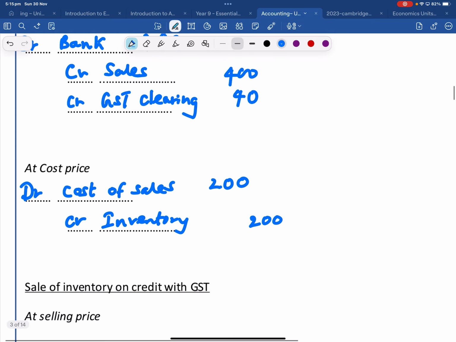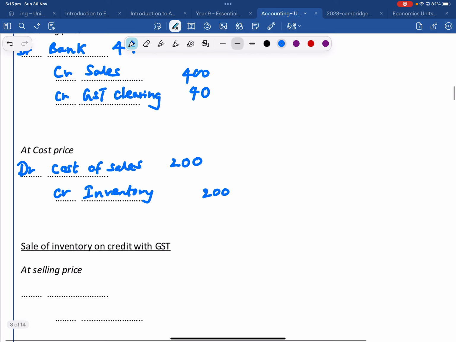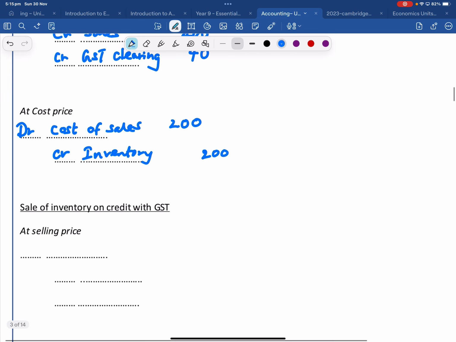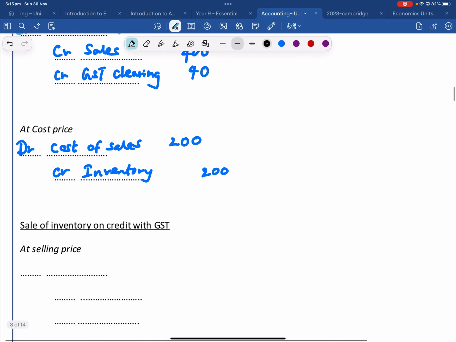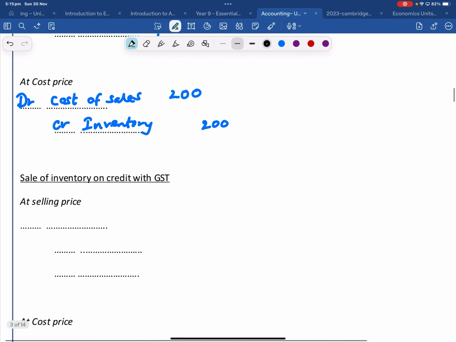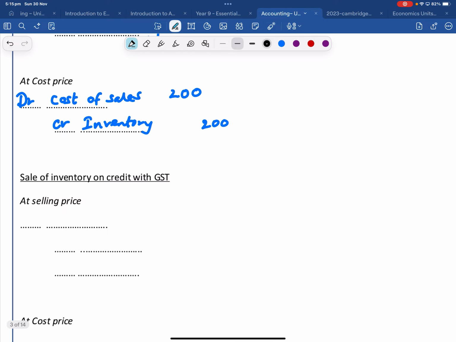Next one. Now, sale of inventory on credit with GST. So what happens, guys? Sale of inventory on credit. Earlier it was cash, now it's on credit. So which items are affected? Debit accounts receivable. Why? Asset increases. Yes, asset increase.